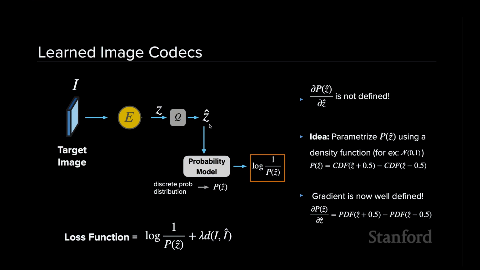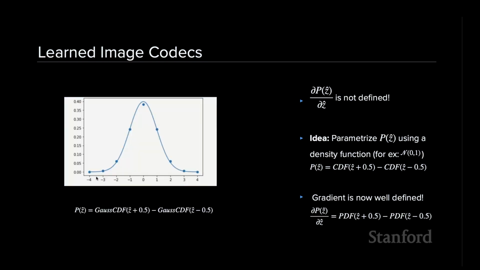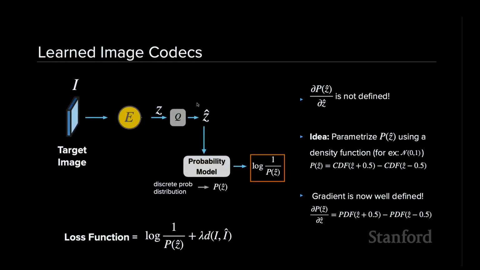So you are assuming that I'm going to compress my discrete distribution Z hat, assuming it has this probability distribution, which is Gaussian of this and this. Okay? If my produced quantized latent variable Z hat doesn't have that distribution, then the value of log 1 over P will be higher. Right?